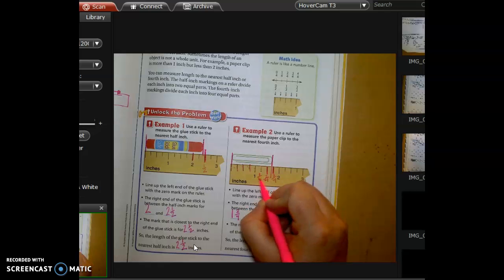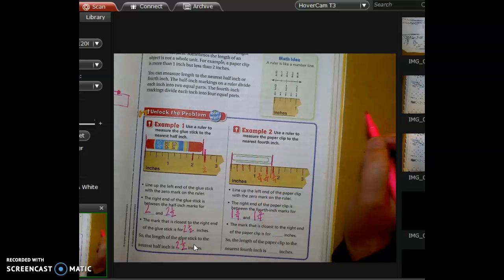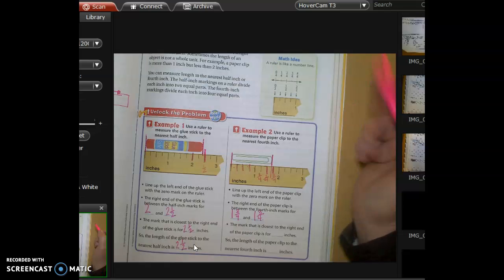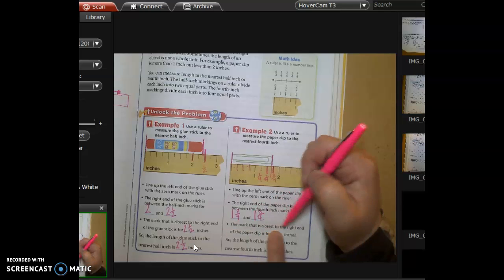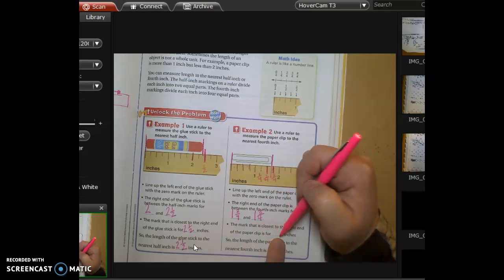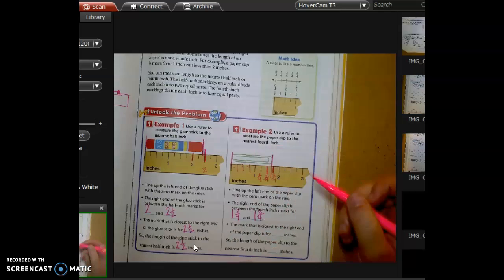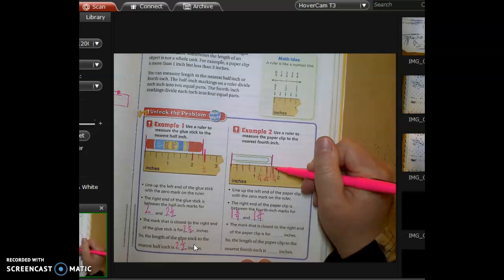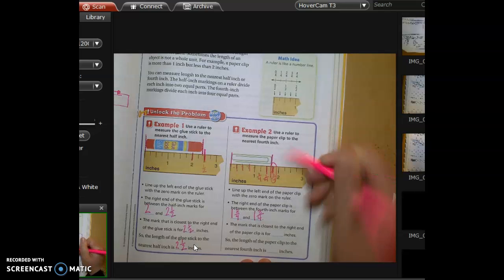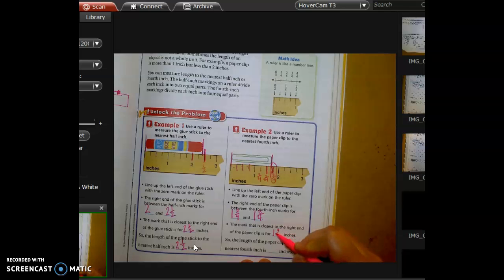Just numbering those fractions just like we did in our fraction unit. The mark that is closest to the right end of the paper clip is for blank inches. So where is it closest to? It's closer to this one. So that's 1 and 3/4 inches. So the length of the paper clip to the nearest 1/4 inch is 1 and 3/4.